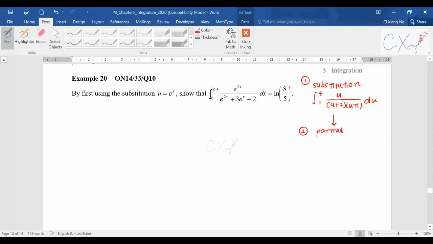That means you need to split the rational function into partial fractions before you can do the integration. After you get the partial fractions, you should get this as part of your answer. You will see this in your solution.